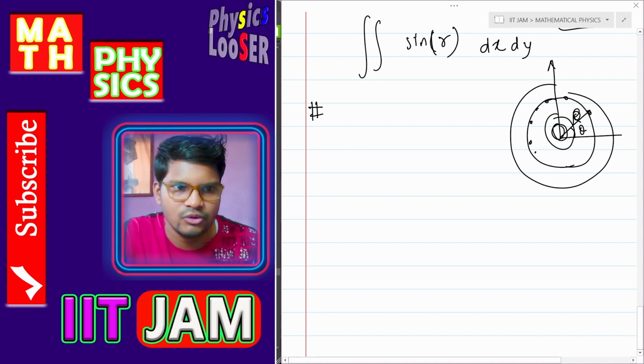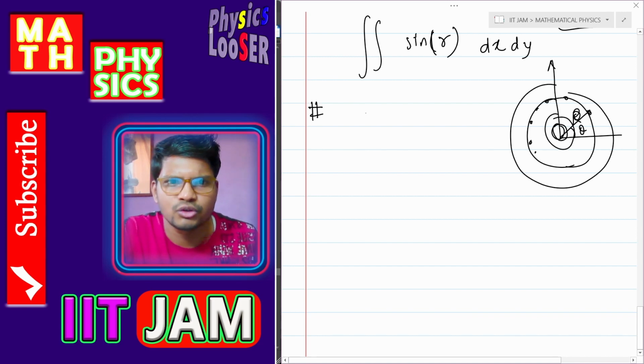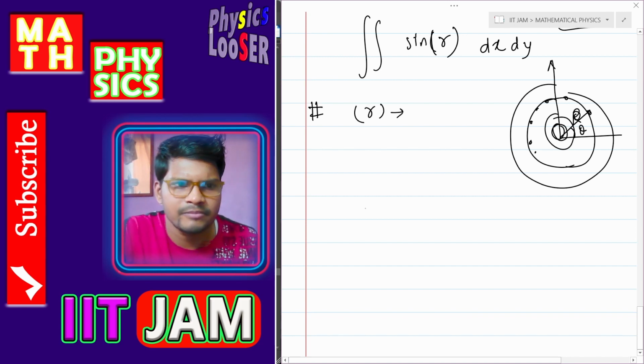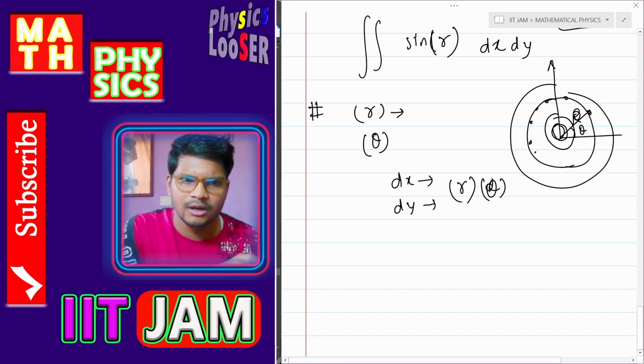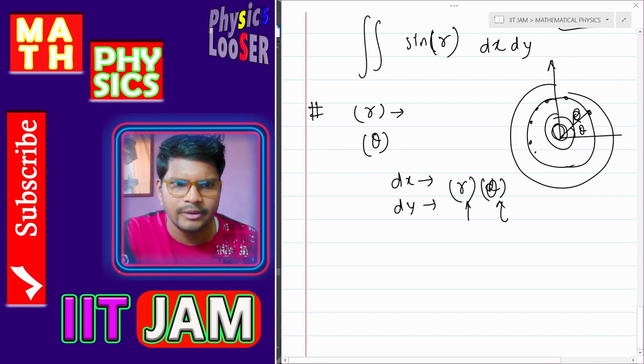So if you want to jump linearly, you can vary r, and if you jump from some orientation, you can vary theta. So it means that your dx and dy is going to convert into r and d theta. The linear variation can be done by r, and the angular variation can be done by theta.